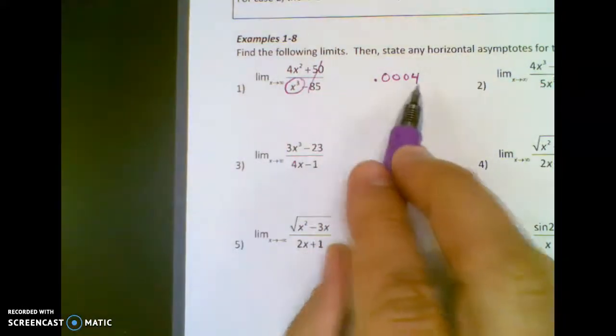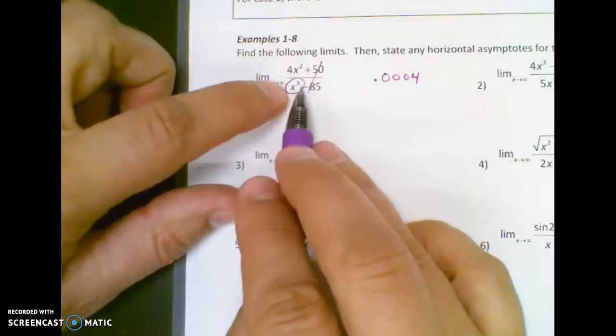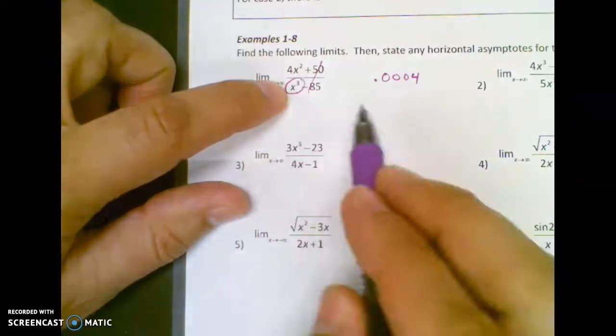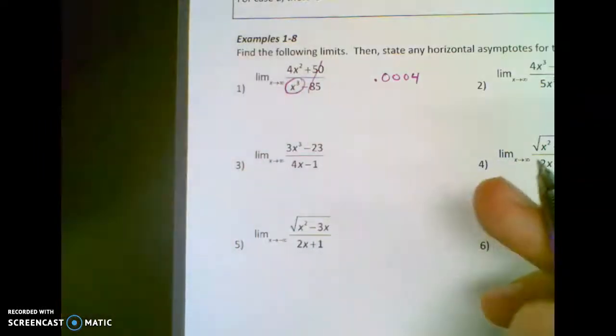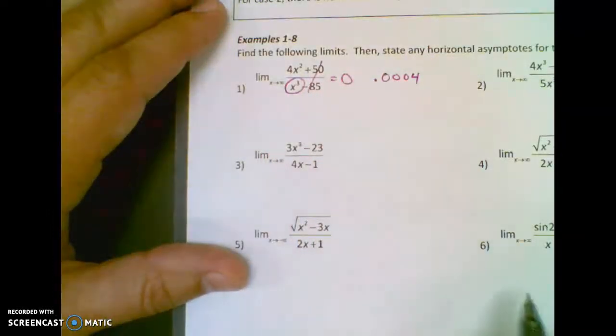It's already this tiny. The bigger the number I have, the bigger the number on bottom when I cube it. So I'm dividing by a larger and larger number, and essentially I'm turning it into 0. The limit of this is 0 because it's bottom heavy.